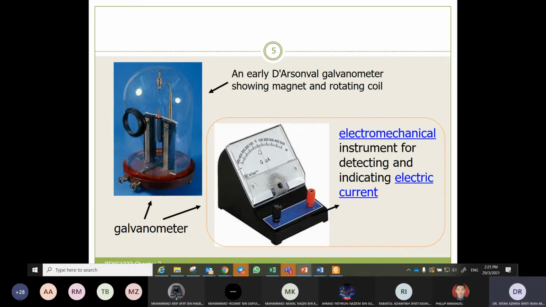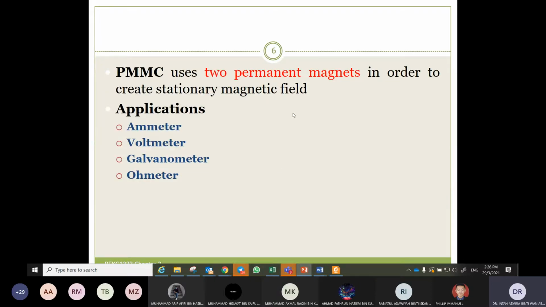If the circuit is unbalanced, the needle will deflect to the right or to the left. PMMC uses 2 permanent magnets in order to create a stationary magnetic field. The applications of PMMC are ammeter, voltmeter, galvanometer, and ohmmeter.